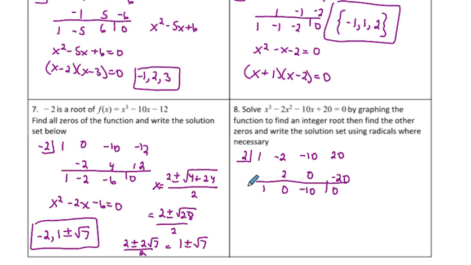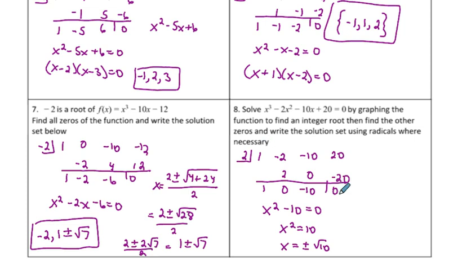And that gives us an x squared minus 10. Now, setting that equal to 0, well, we don't have a b term. We just have the a and the c, so we can say x squared equals 10, and that will give us x equals plus or minus the square root of 10.